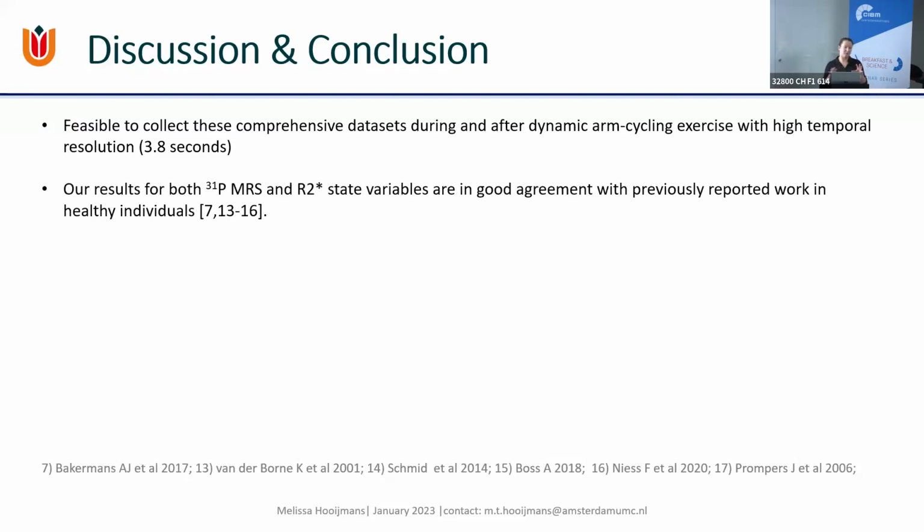And what we found in this combined experiment was in good agreement with previously reported work where they only investigated either the phosphorus dynamic series or the R2 star series in healthy individuals, using different kinds of exercises.